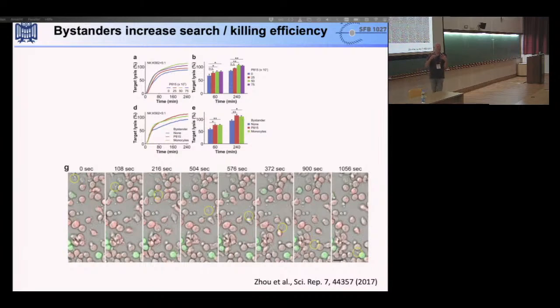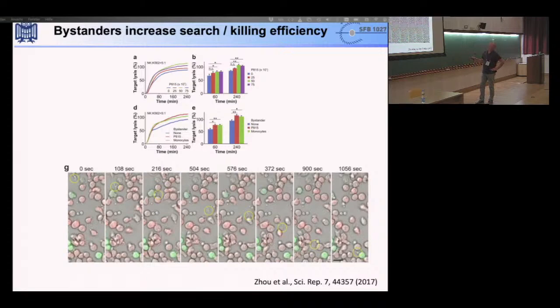Kill more, it gets darker and darker and darker. So you just study the light intensity as a function of time. That is then just the killing efficiency. That is shown here. So target lysis as a function of time. But they didn't count the number of green points, they just measured the light intensity, okay?